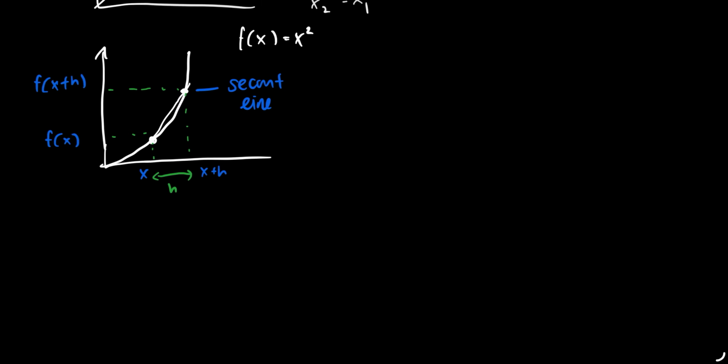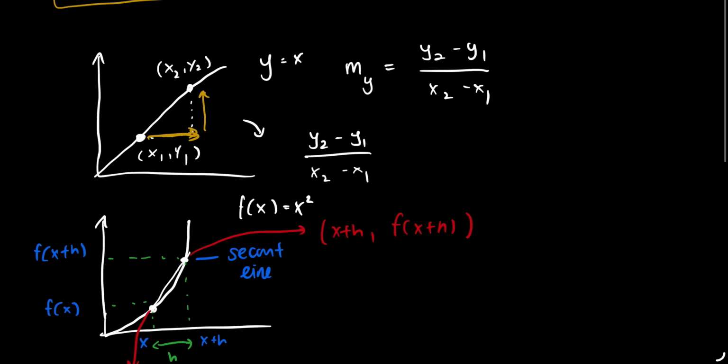So what are the two coordinates? The two coordinates are (x, f(x)) and (x plus h, f(x plus h)). Now using the formula we learned earlier, we can plug in here.